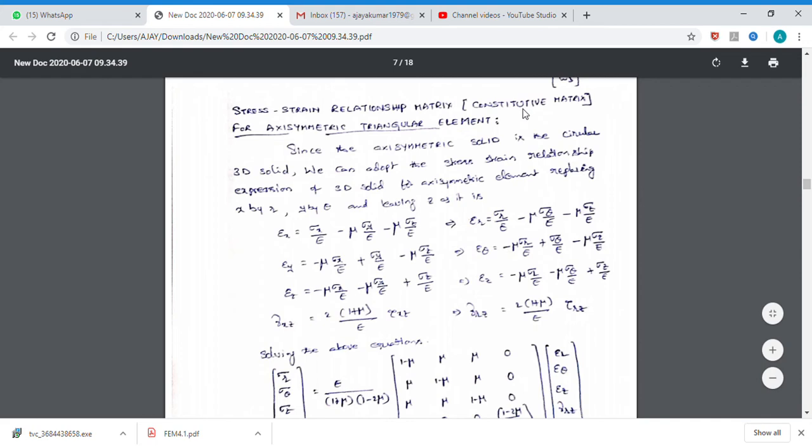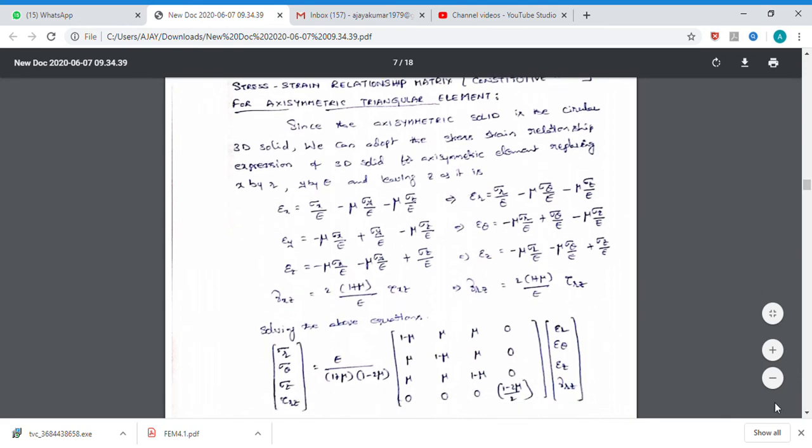While we are deriving this particular relation, we have to remember one basic thing: instead of x and y axis, here we take r and z. Just replace x, y with r and z only. If you replace them, we will get that particular relation.